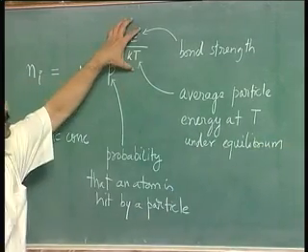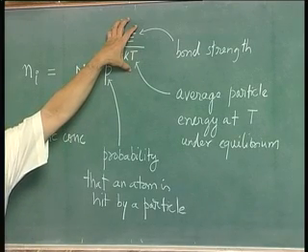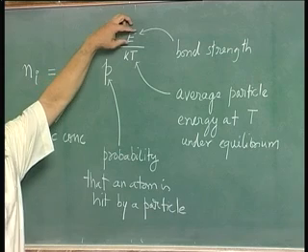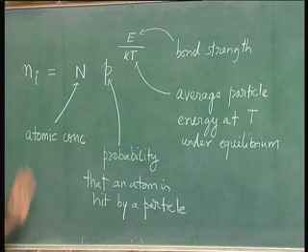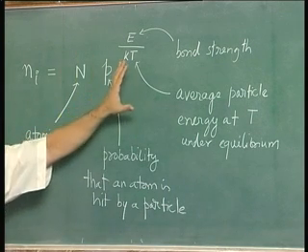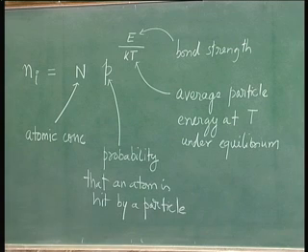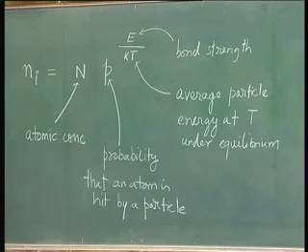So E by kT represents the number of particles that must converge onto an atom so as to provide an energy E equal to the bond strength. So the entire discussion that we did can be summarized in the form of this equation. Now here P, the probability, is less than 1.